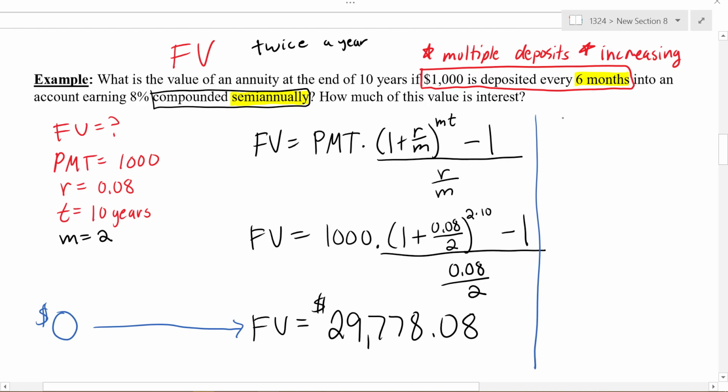In order to do this calculation, we take our future value and subtract off the total amount of payments. Whatever we have left over after that is going to be the interest.